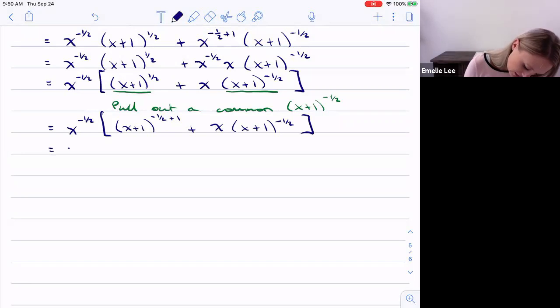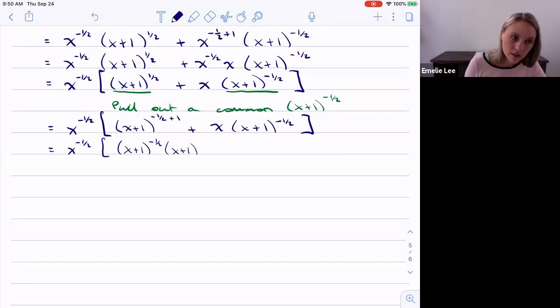Same idea: x to the negative 1/2 times [x plus 1 to the negative 1/2 times x plus 1, plus x times x plus 1 to the negative 1/2].